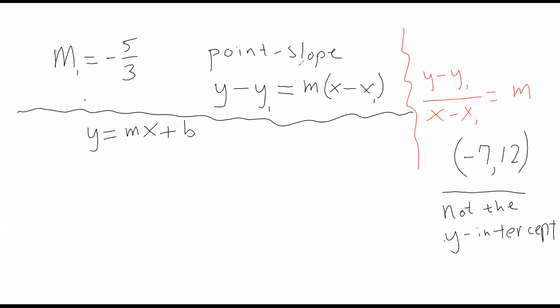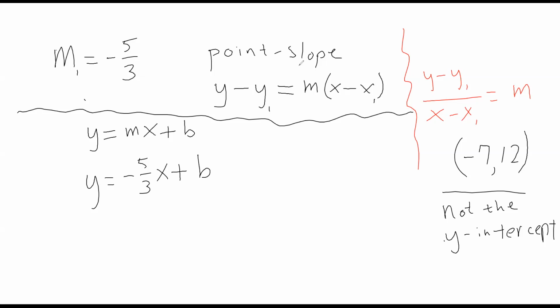So how do you use y equals mx plus b? Well, we know m. So we know that y is equal to m, negative 5/3, times x, plus the so far unknown b value. So we've got 3 different letters here, 2 variables and an unknown constant. But we can figure out the unknown constant because we know that the point negative 7 comma 12 is a solution to this equation.